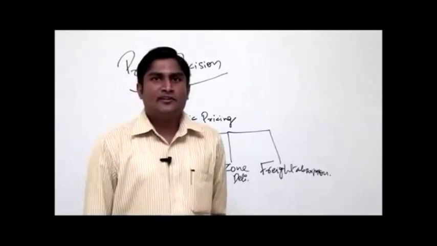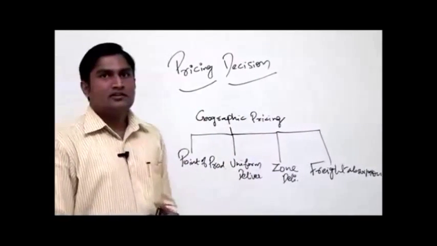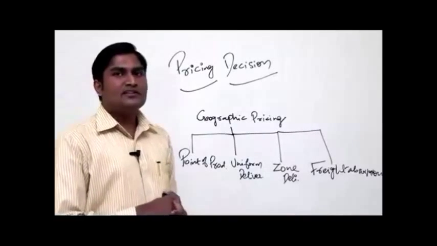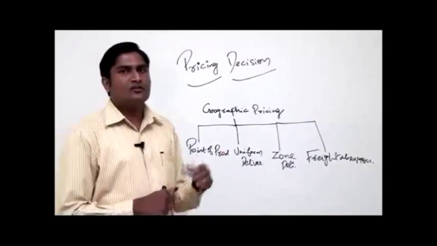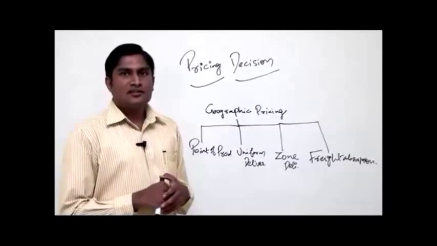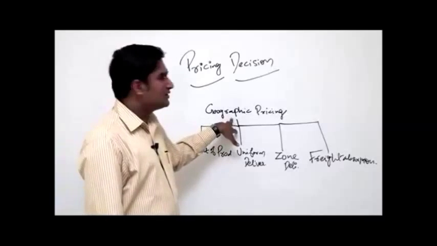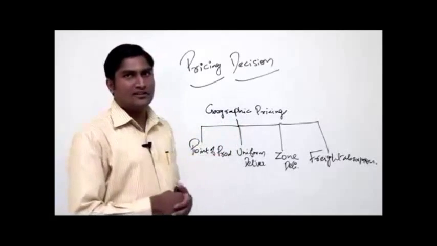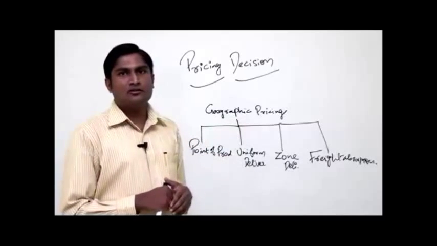After that price discrimination strategy, let us discuss geographical pricing. As we discussed earlier, prices will be charged discriminately without affecting the customer relationships. Just like that, on the basis of geographic features, that is the place features, the prices are charged differently. The classic example for geographic pricing is petrol.